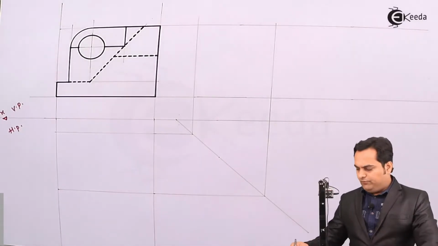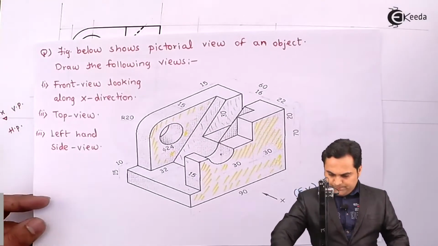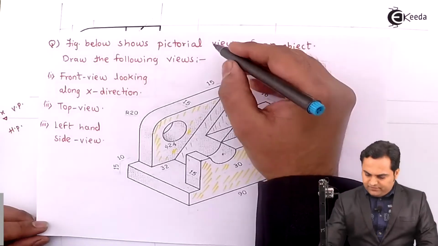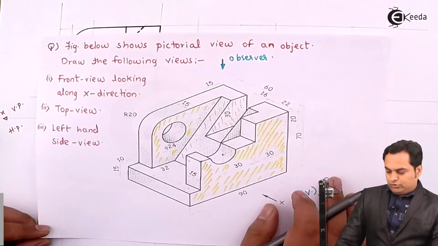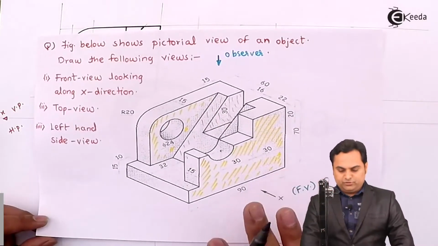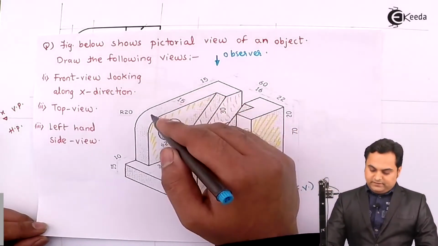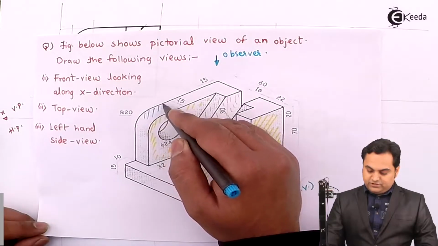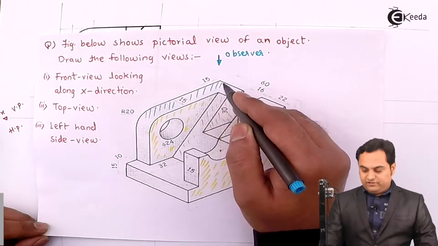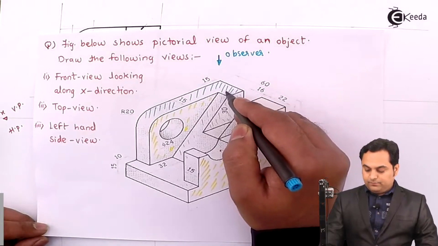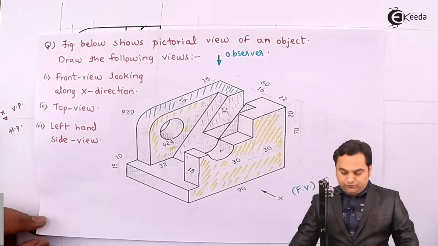Now going for the top view. When I am looking from top as an observer, I need to draw those things first which are closer to me. So looking from top, in that case, this plate is visible. Its length, I'll get it from the front view. Width, I'll mark it into the top view.